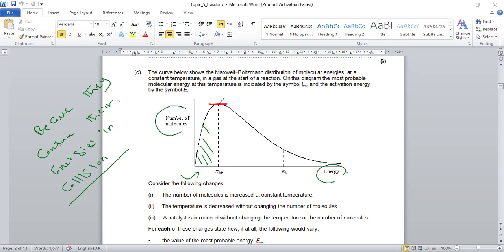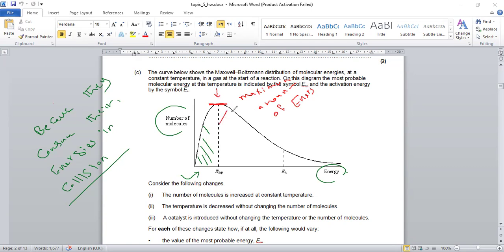This area or this peak resembles the number of molecules which have the maximum amount of energy. When you heat the reactant, you will have a few molecules that have the maximum amount of energy.